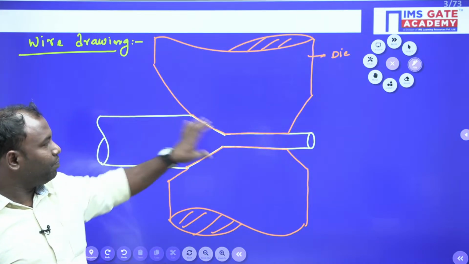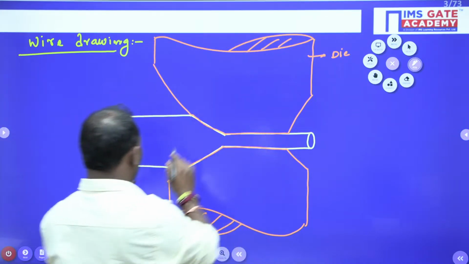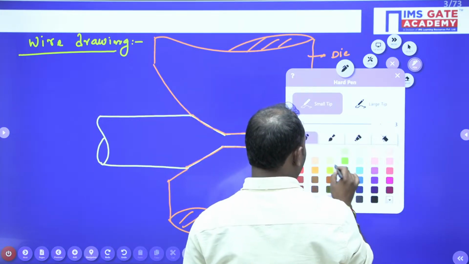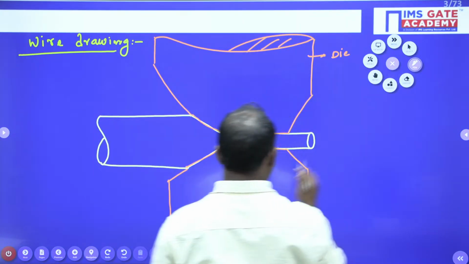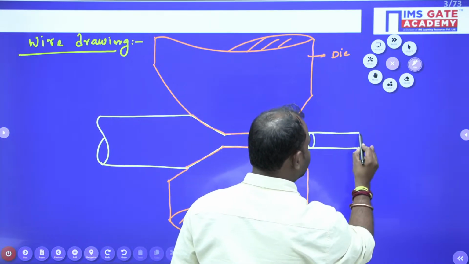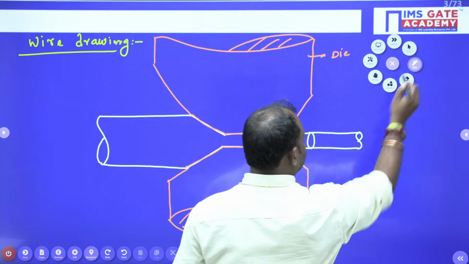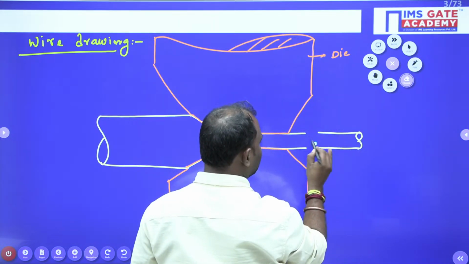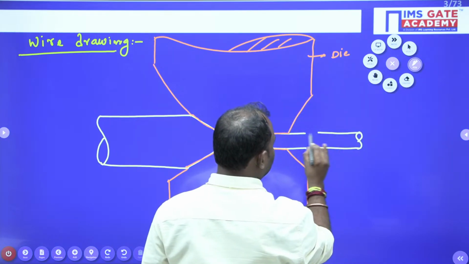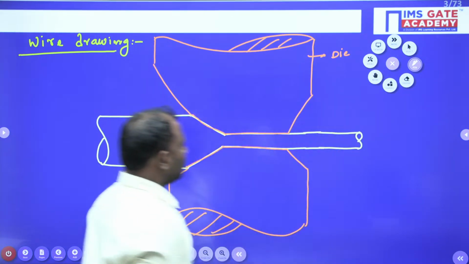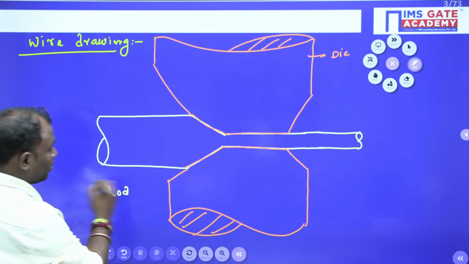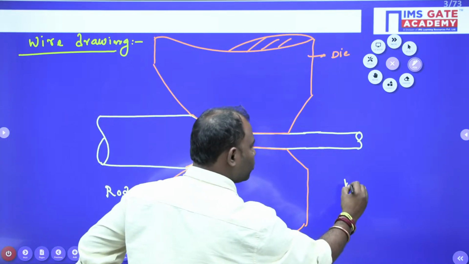In between them, if you draw this particular rod, it is going to be converted into wire after a number of drawings. So let me extend this for a certain distance. Now here the rod is going to be converted into wire.